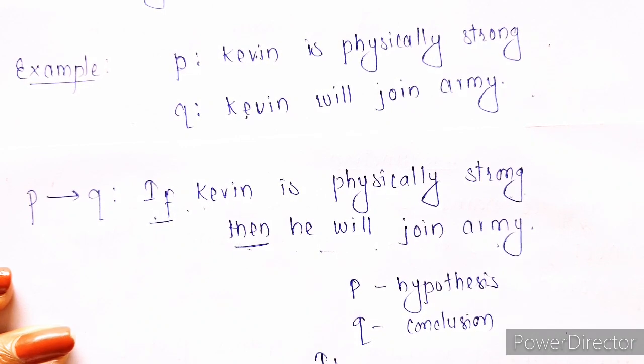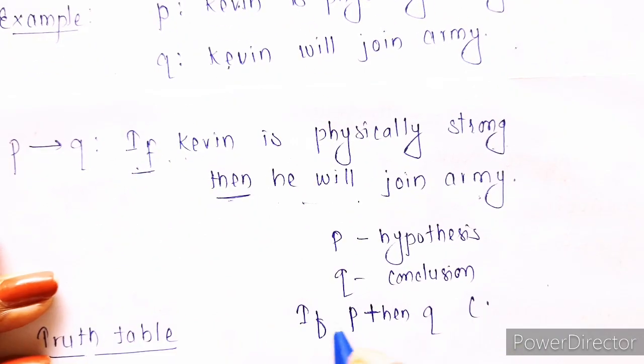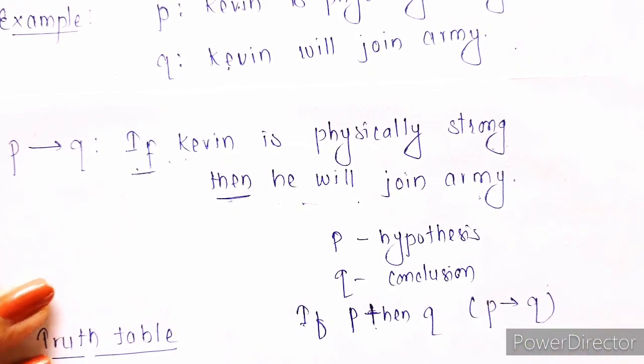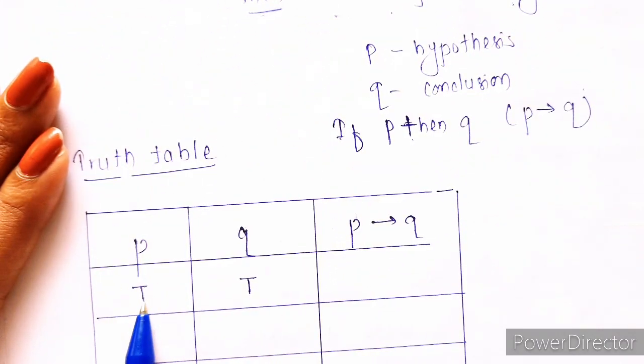So basically we are saying "if P then Q", and we denote this as P implies Q.